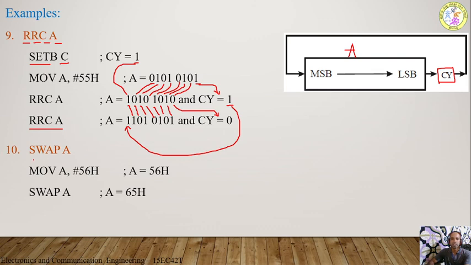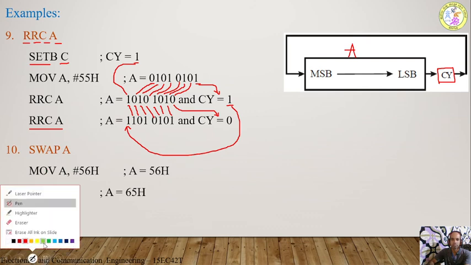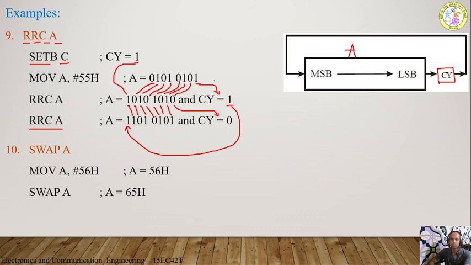And the next instruction is SWAP A. So what will swap A do? It will exchange the lower nibble with the higher nibble. What do you mean by nibble? You can observe here, this entire thing is called 1 byte of data. 1 byte means 8 bits. This 1 byte of data is divided into 2 nibbles, means a group of 4 bits.